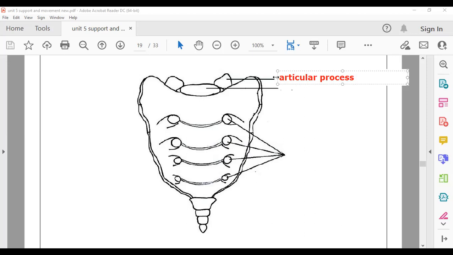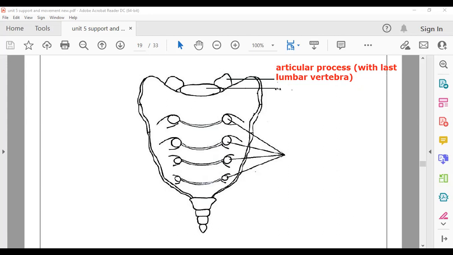Yes, sir. Okay. Actually, it articulates with whom? With the last lumbar vertebra. For that one, there is an articular process.